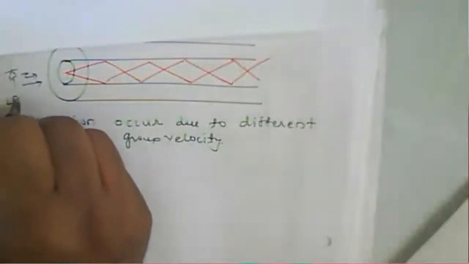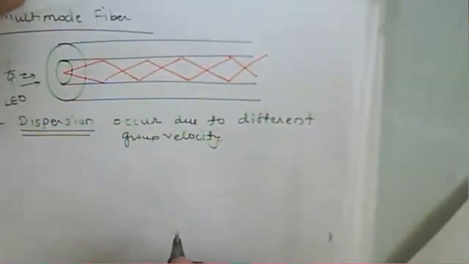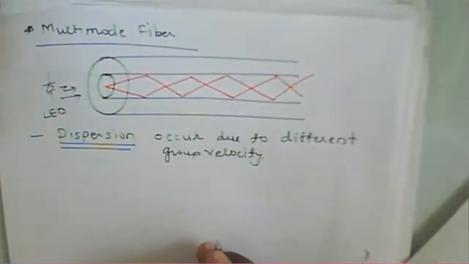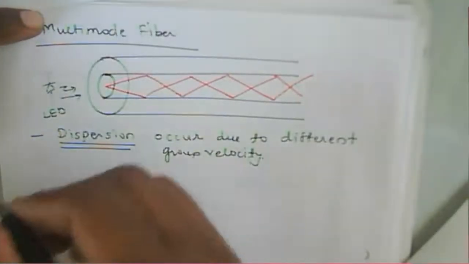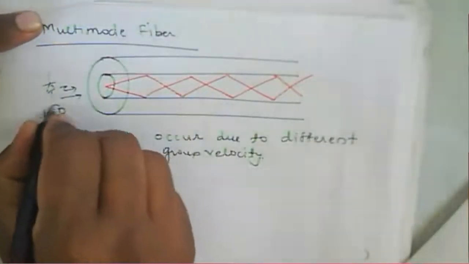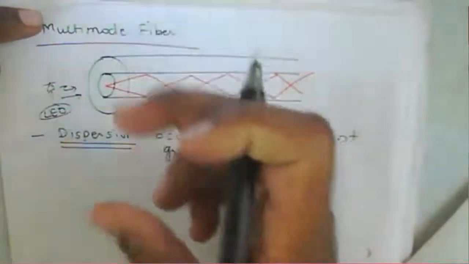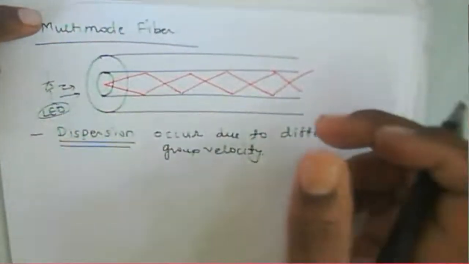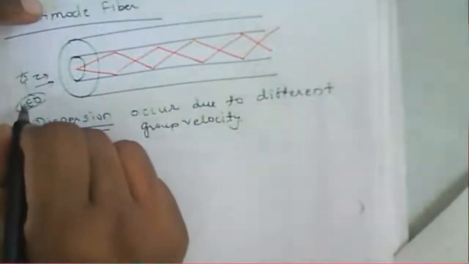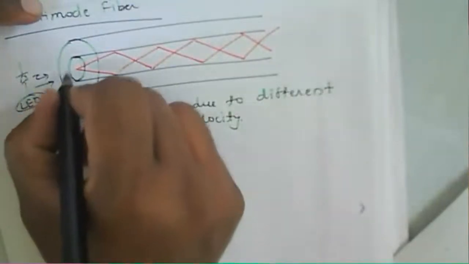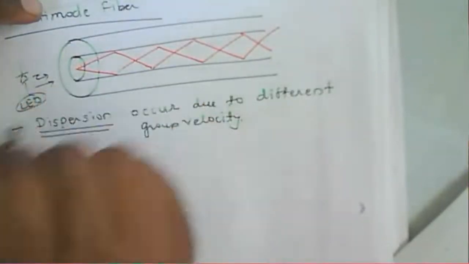Generally a light emitting diode is used with multimode fiber, because the LED cannot be used with a single mode fiber as it has a broad spectrum. The emission spectrum of this diode is broad here. So that's why for a broad spectrum, multimode fiber is used.